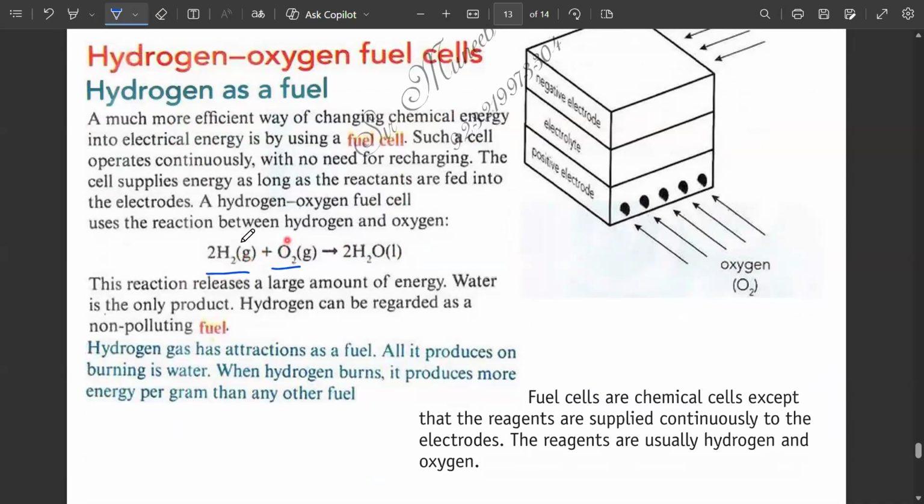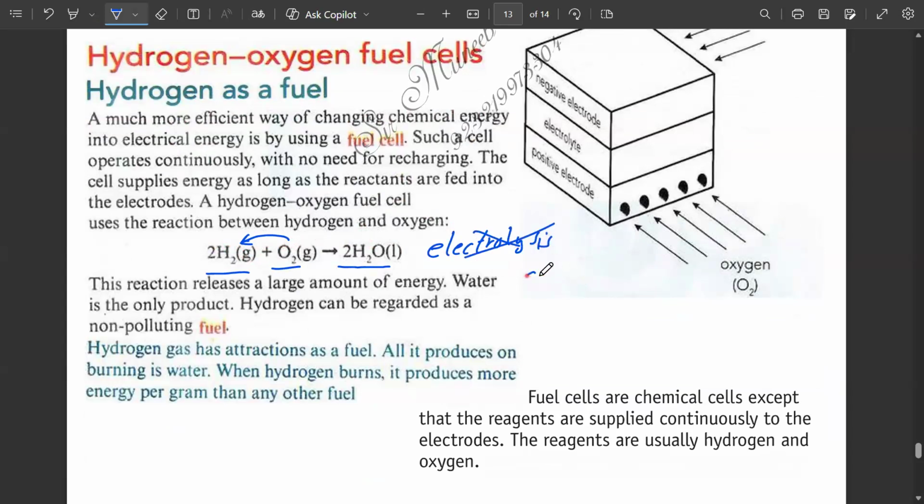Oxygen is reacting with the hydrogen, and you are providing both of these fuels, both the hydrogen as well as the oxygen, to the fuel cell. So there is formation of water as a product. So you do not say it's an electrolysis. It's not electrolysis.